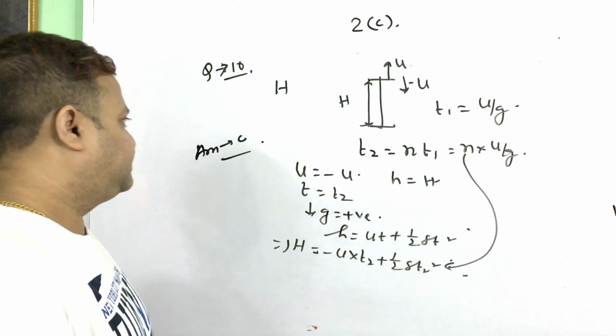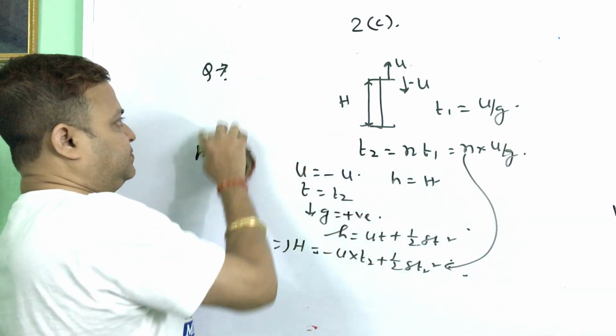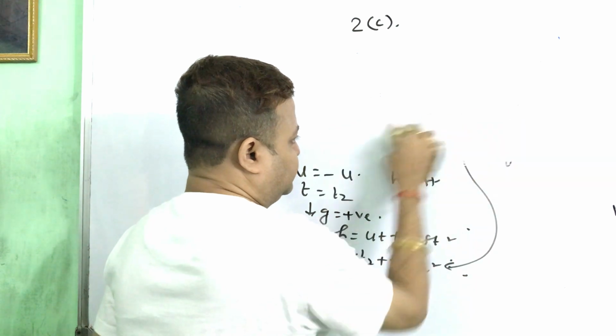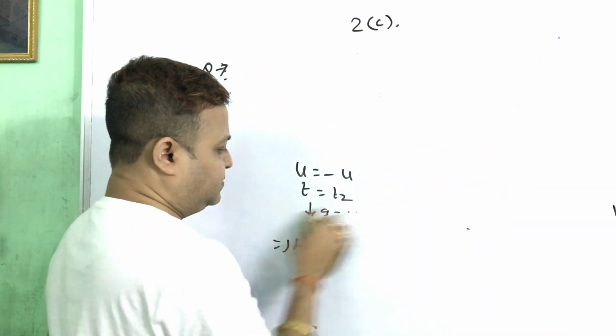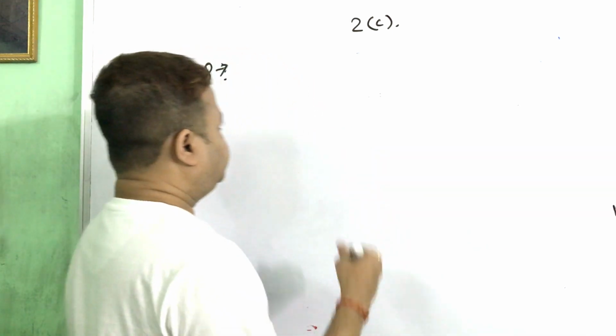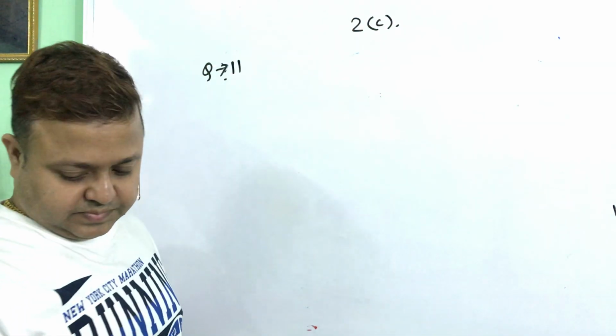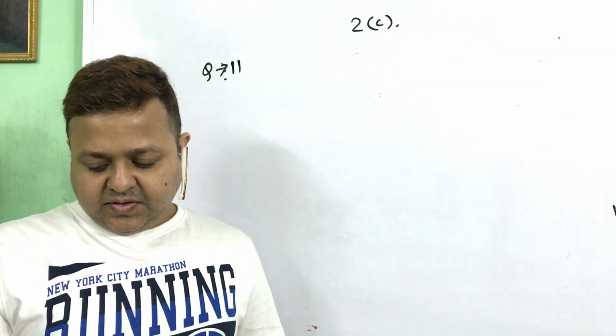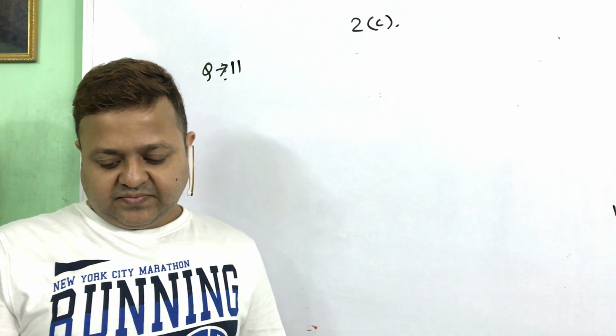Number 11. From a building, two balls A and B are thrown such that A is thrown upward and B is thrown downward. VA and VB.